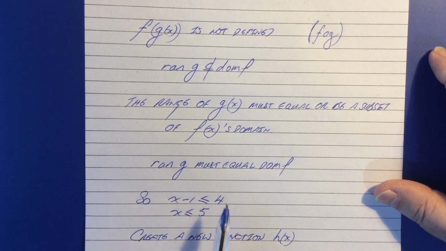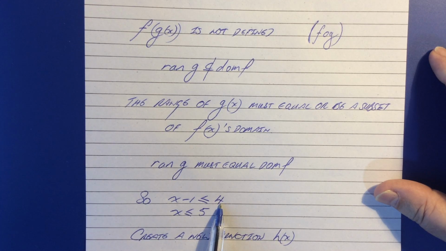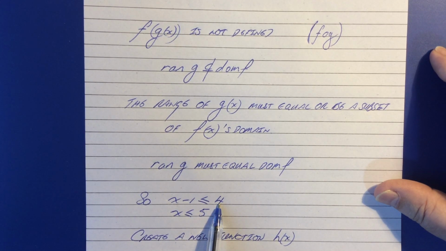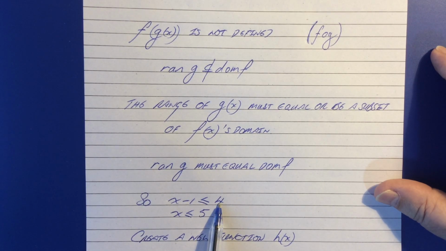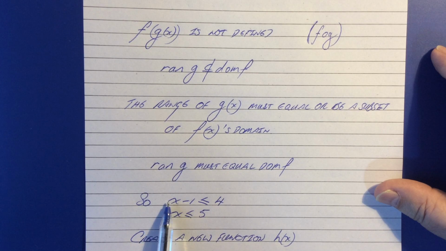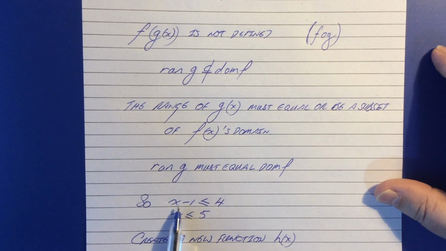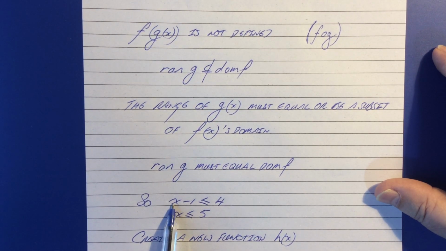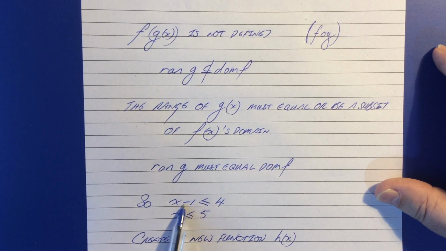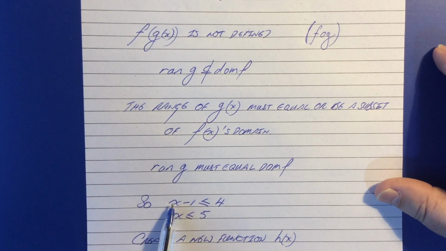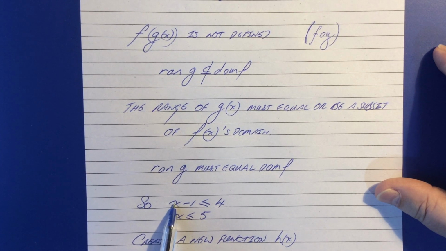What we know is that 4 is the magic number as far as the domain of f is concerned. And so the potential range of g, the y values, and we know that y is equal to x minus 1, so we can substitute that for the y values.